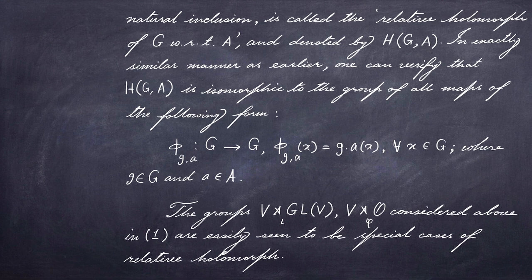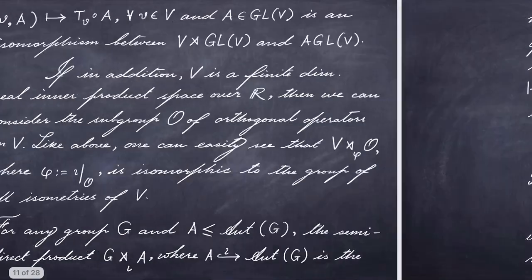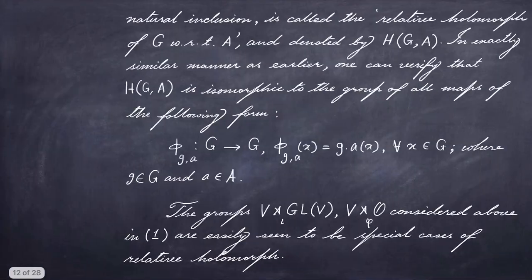Hence we see that just like earlier we proved that this holomorph, which is defined as the semi-direct product, is actually isomorphic to the group of all maps of this form. As a special case of this, we obtain the semi-direct products that we have considered earlier.